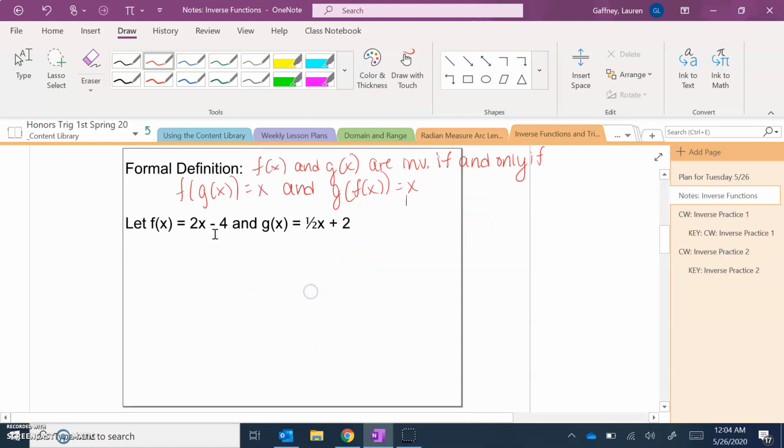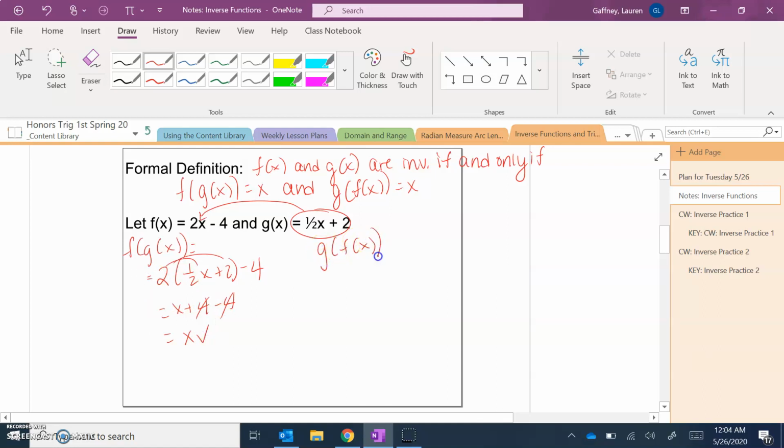So let's verify that these two are indeed inverses. First I'm going to start with f of g of x. That means I am going to take g and plug it in for every x in f. If it comes out to x, they're inverses. So let's distribute that in. I get x plus 4 minus 4. Those 4's cancel, and it comes out to x. Great. Now let's try it the other way, g of f of x.